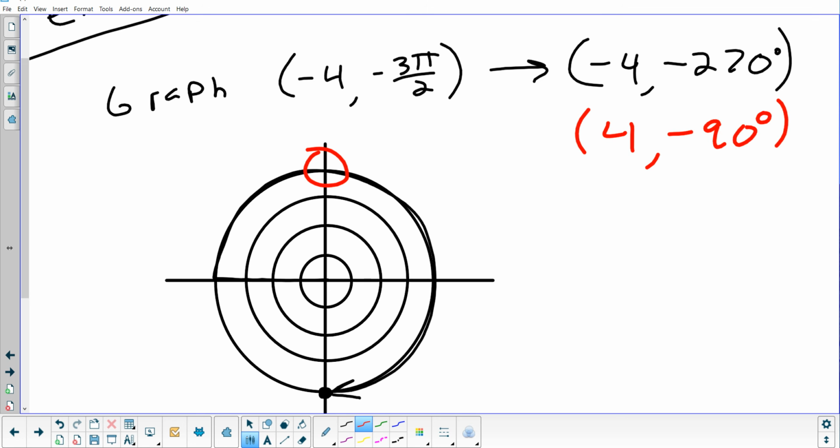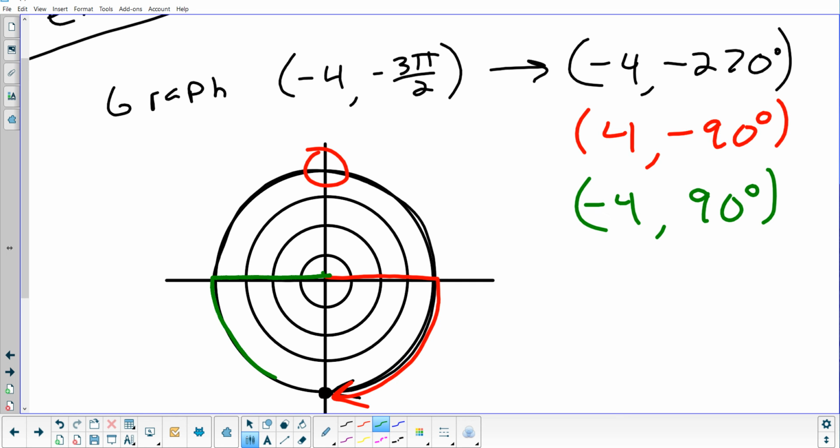So 4, -90 would do that. Third way. Yep. -4, +90. Left 4, then +90. Yep. One more way.